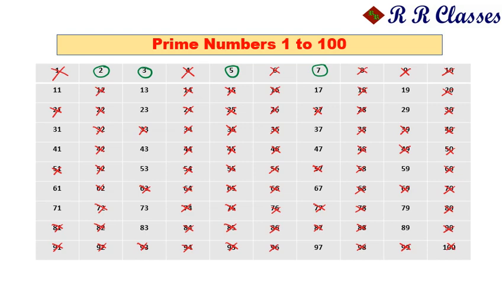Now we have cancelled multiples of 7. Now the remaining numbers which are there, all these are prime numbers.